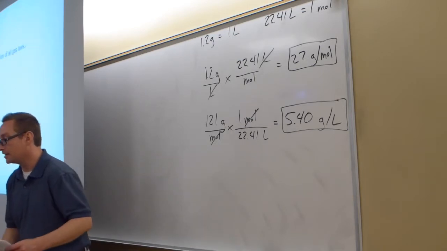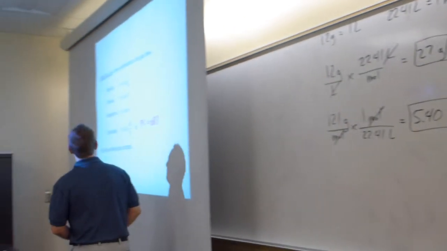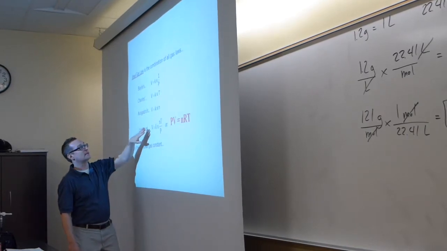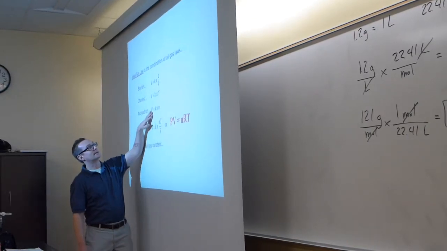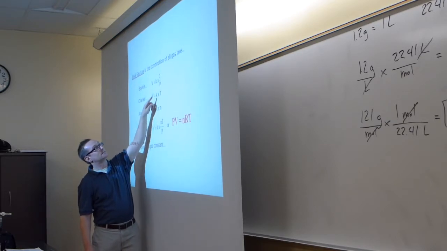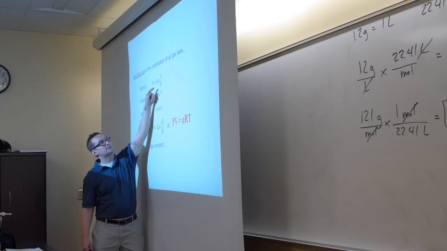So combining all the ideal gas laws, okay, Boyle's, Charles', Avogadro's, you combine it all, and this K constant stays the same. P is on the bottom here because it's on the bottom from Boyle's law.